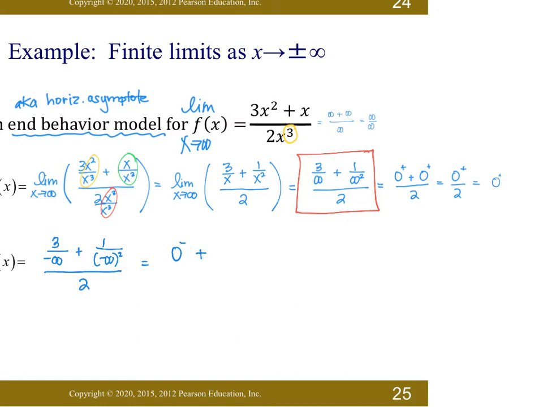Now remember, negative infinity squared is a positive number, because a negative times a negative is a positive. So this will be 0 plus over 2. So 0 minus and 0 plus basically cancel each other out to be plain 0, and we have 0 over 2. And 0 in the numerator is fine.